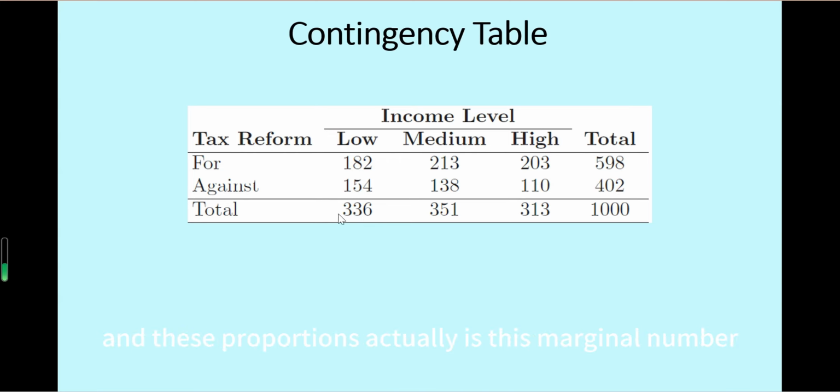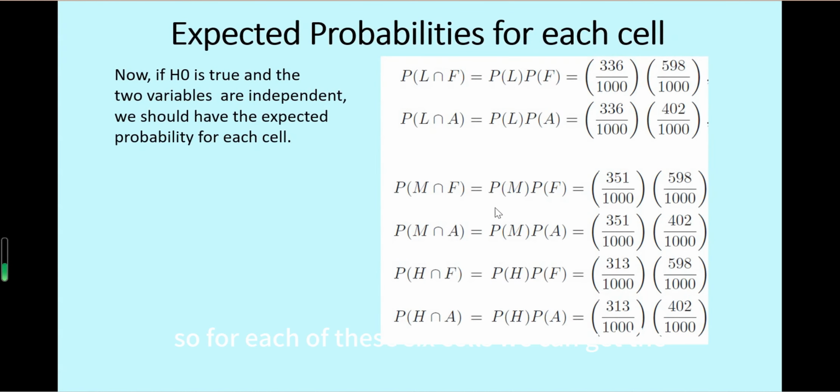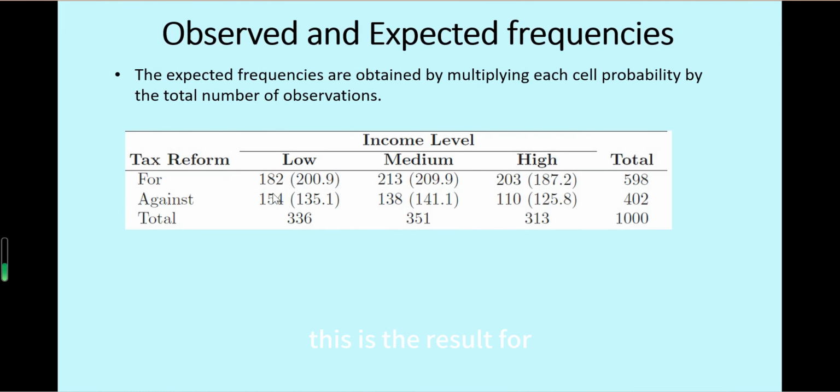And these proportions actually are this marginal number divided by the 1,000 total counts. Same for this one. So for each of these six cells, we can get the expected counts or the expected frequencies. This is the result for both observed frequencies, observed counts, and expected counts, expected frequencies, which stay in the parentheses.